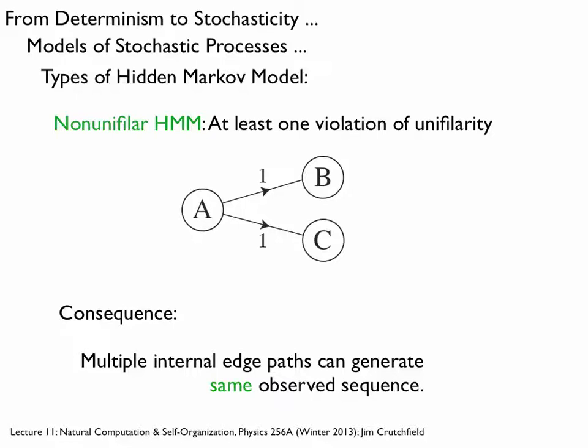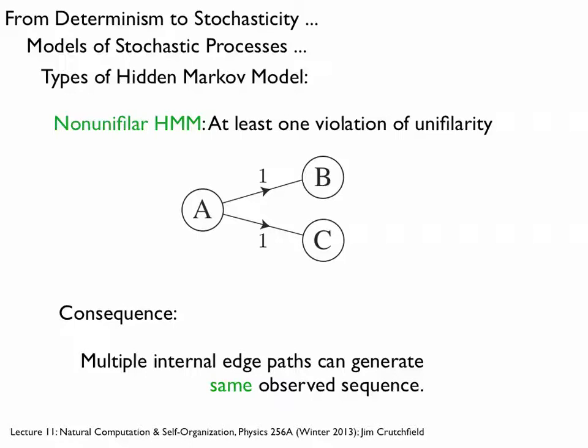All we need is just one violation anywhere in a state-based hidden model like this, so that if I'm in state A and I see a 1, I don't know what state I go to. There's some uncertainty in that. And you can see, as an observer, this is not good, right? If you have a model that has this, and then you measure a 1, your knowledge about the internal state distribution just got worse.